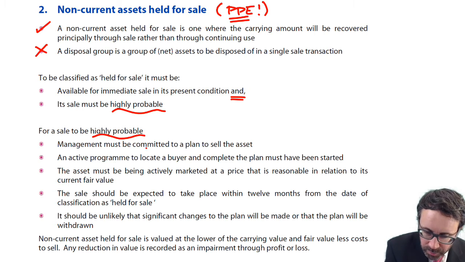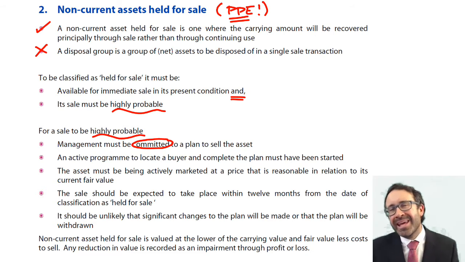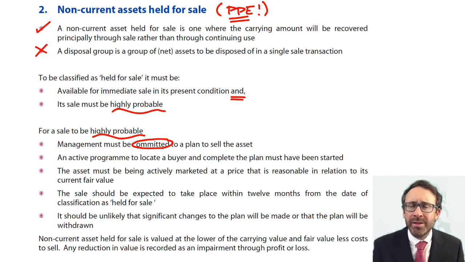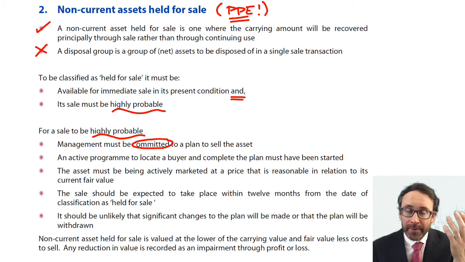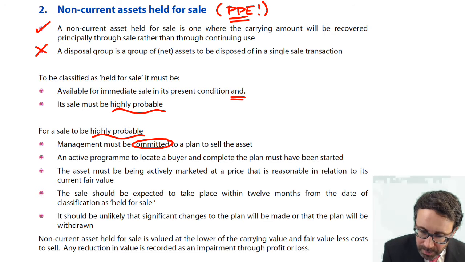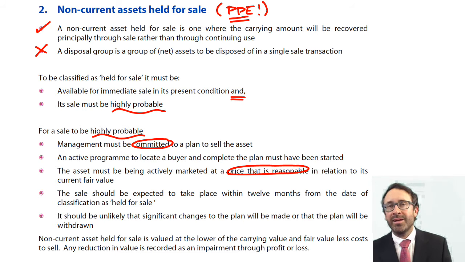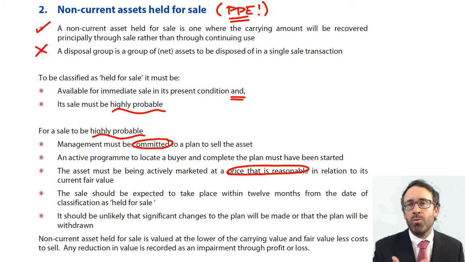So what have we got? We must be committed. It's not like, oh, we're thinking about selling it, we're not too sure, maybe not. We're committed to sell. We're getting rid of it. That's the first one. It must be marketed at a reasonable price, so we're looking to sell it at something around its fair value, what it is worth.